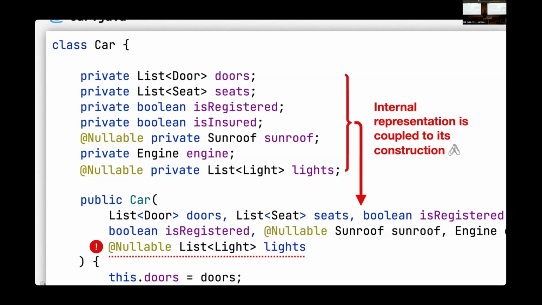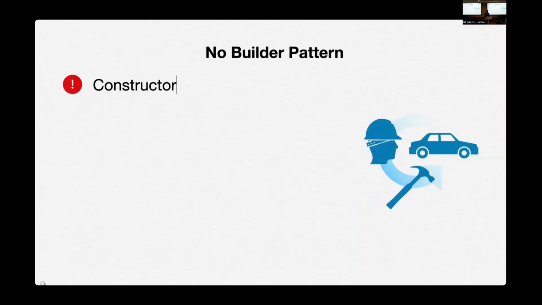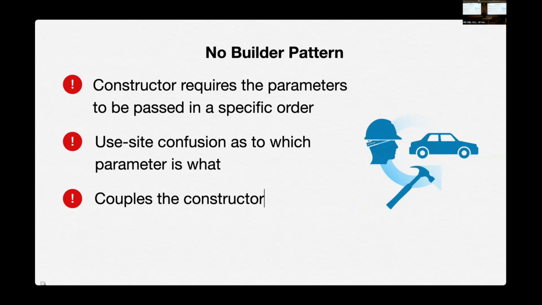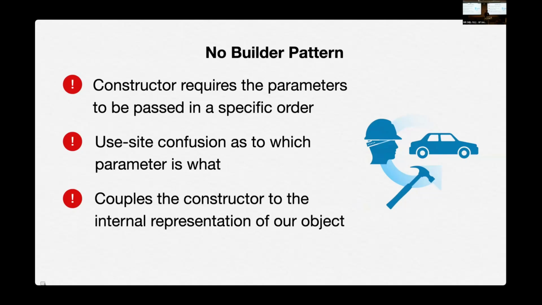And this might not be that desirable. All right, quick recap. So without the builder pattern, your constructor requires all the arguments to be passed in the right order, and there's some sort of a use site confusion where you're not sure what flag is what. And third, you're essentially coupling the internal representation to its construction.